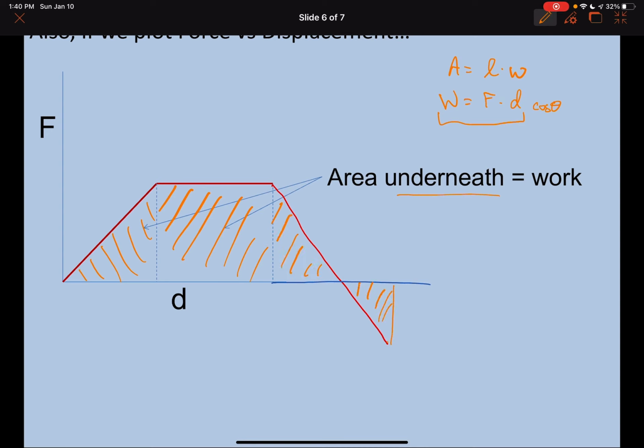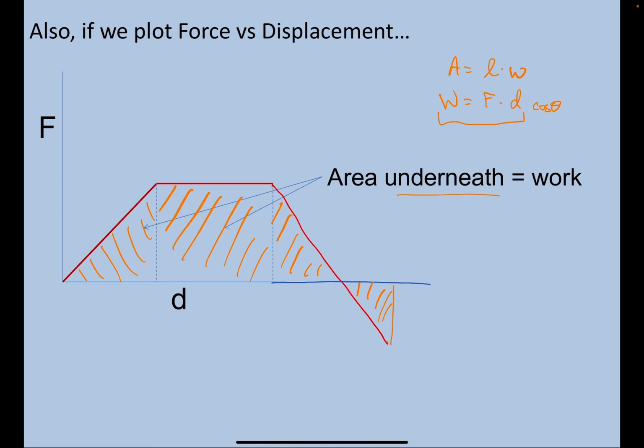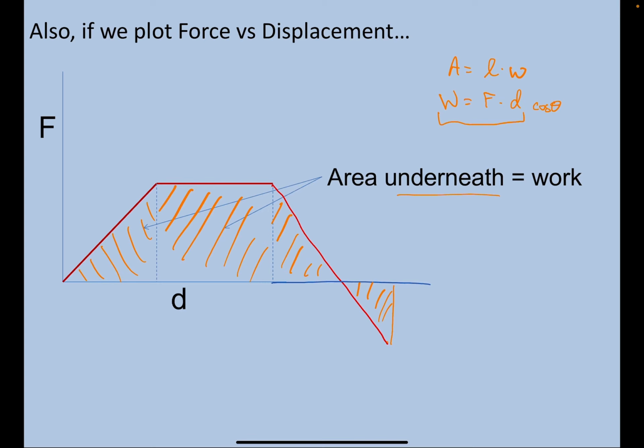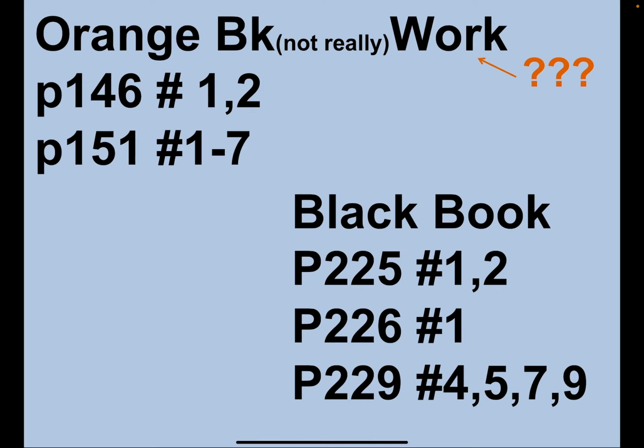So anytime we say area underneath the line or underneath the curve, what we really mean is between the line and the x-axis, or in this case, our displacement axis. Doesn't come up too often, but you might see that in your textbook. And that's it. I'll let you decide if any of this is really work.